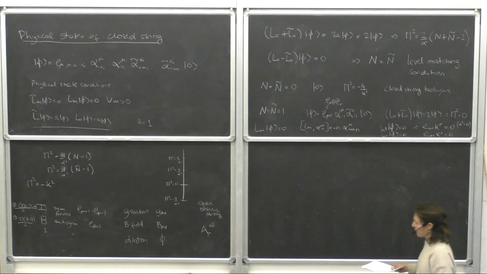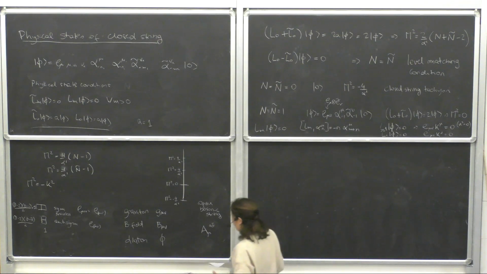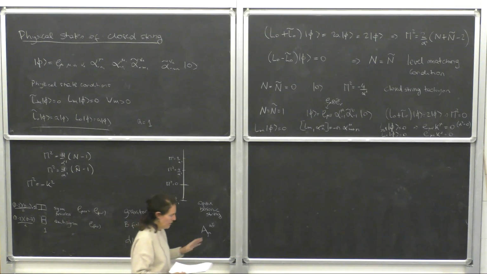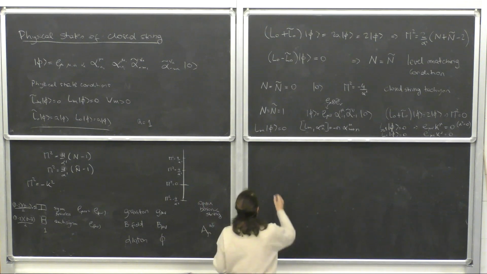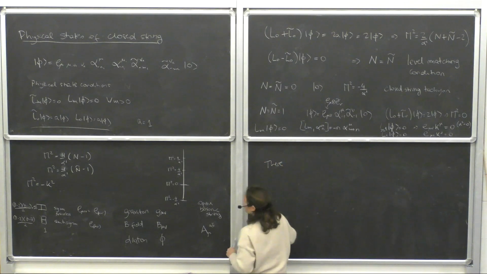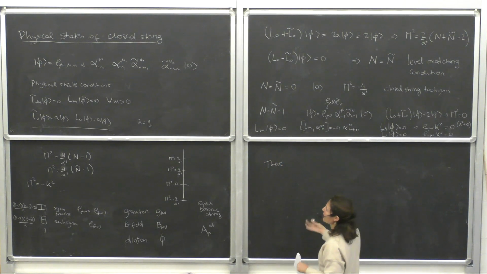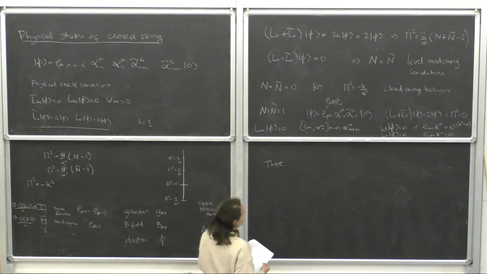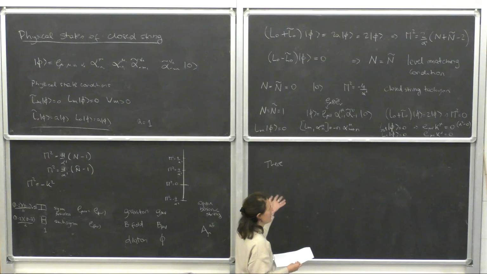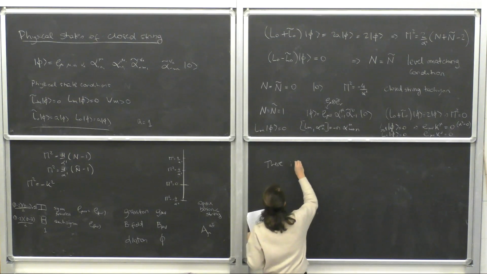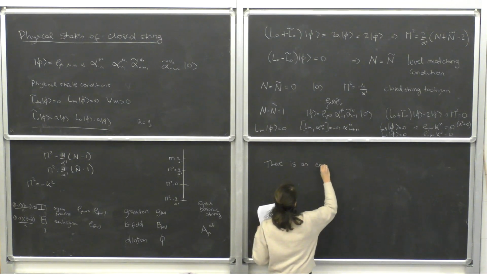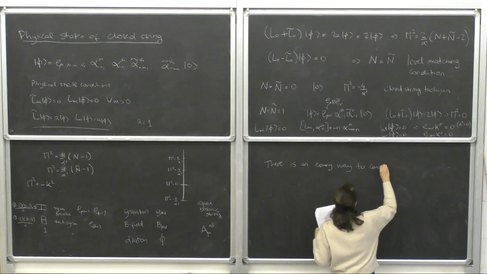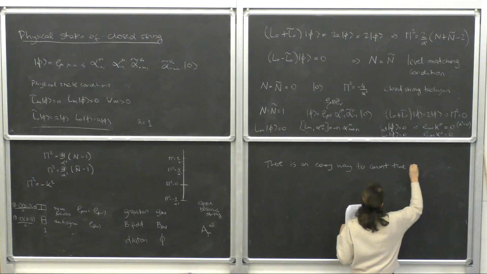But it's always arranged in representations of SO(D-2) somehow. Maybe that's a little bit confusing, but if you want to count real physical states, taking out the gauge redundancy and the non-physical states, there's an easy and dirty way to do it, to count the number of physical states.